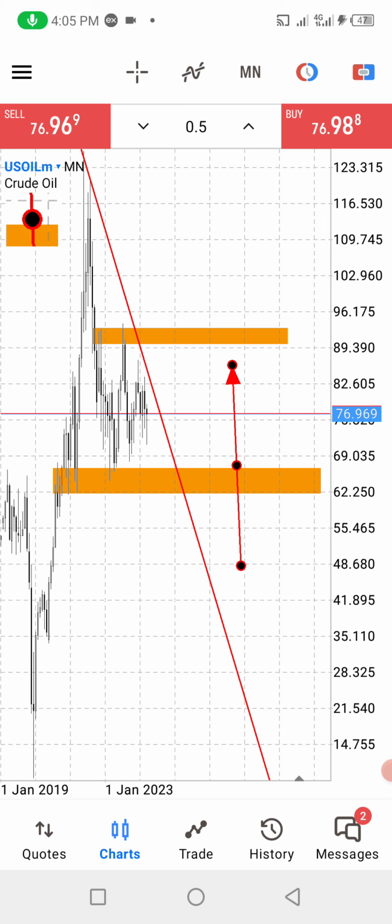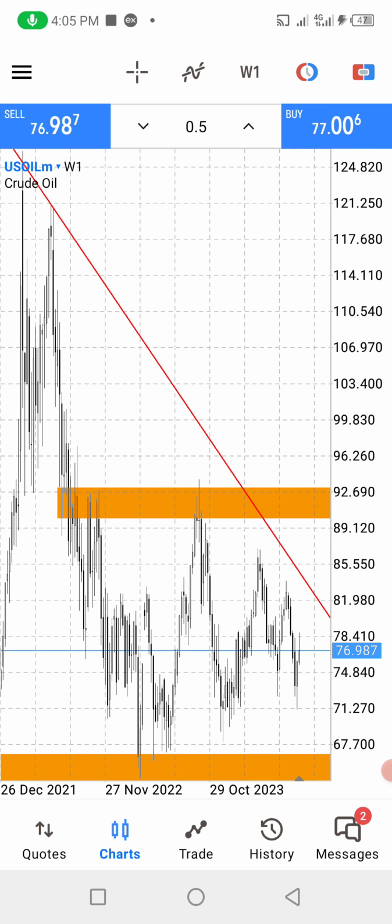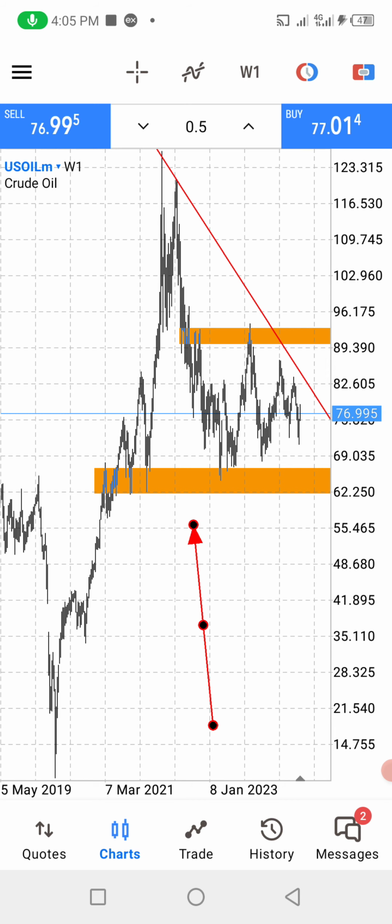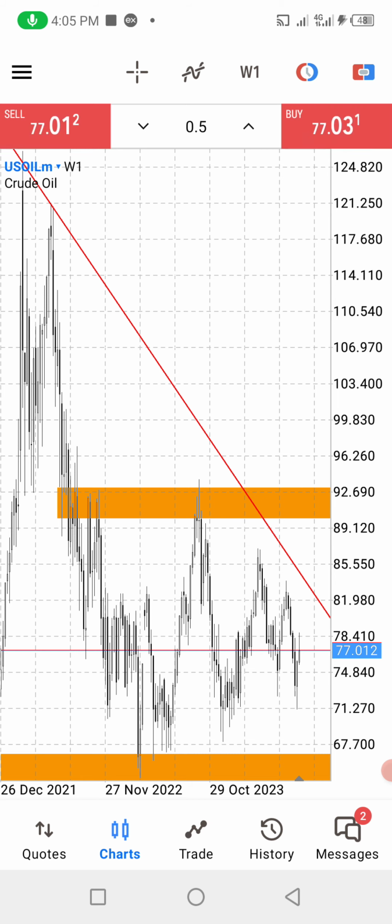Okay, so right now we step down to the weekly time frame. In the weekly time frame, you can see that really there is a massive sell from this place, this resistance. There is a massive sell.